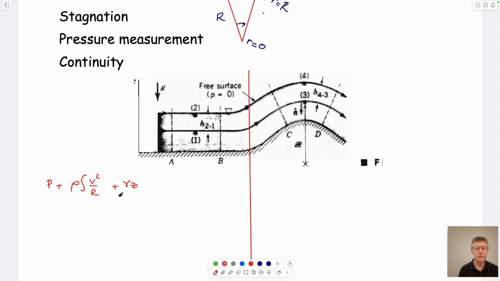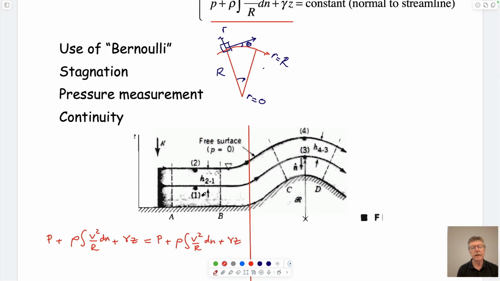Just hot today. And that is equal to P plus rho integral V squared over R dn plus gamma Z. I want to make another portion on this, and I'm going to add to the annotation above it.